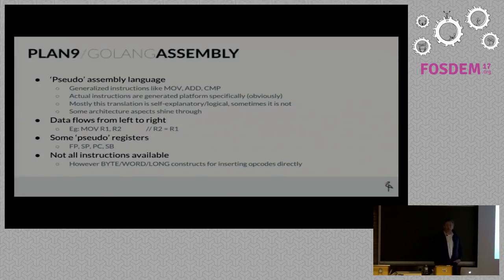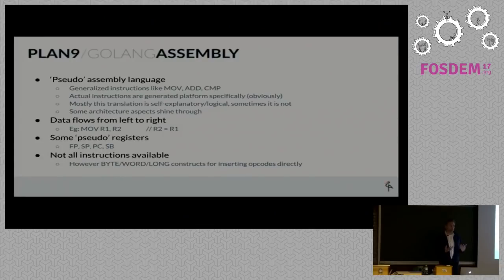Plan 9 assembly capabilities. This is actually an integrated or integral part of the whole Go tool chain. And it's kind of like a pseudo assembly language in the sense that it's not the direct assembly that you would write for, say, an Intel platform or an ARM platform.